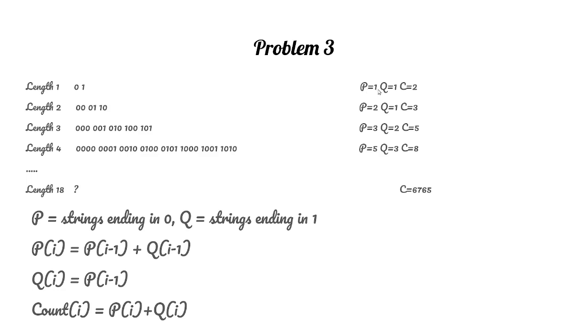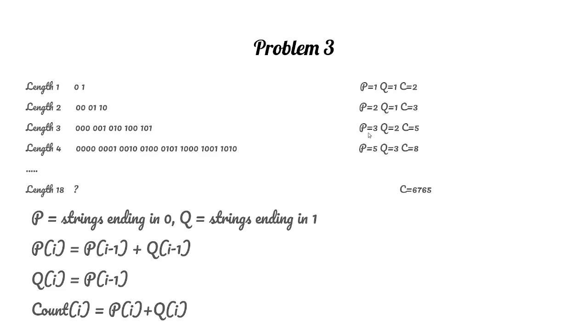Now using this formula here, we get P of 1 equal to 1, Q of 1 equal to 1 and count equal to 2. Here we can get P of 2 equal to P of 1 plus Q of 1, which is 2, and Q of 2 is equal to P of 1, which is 1, and count equal to 3.